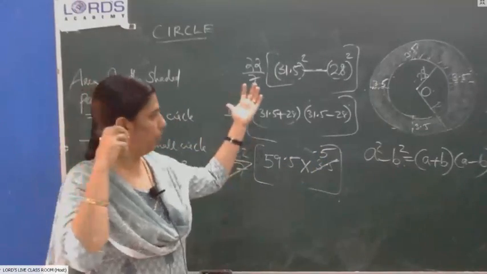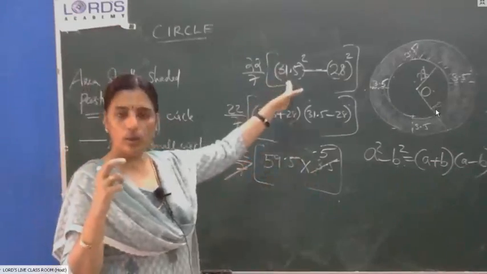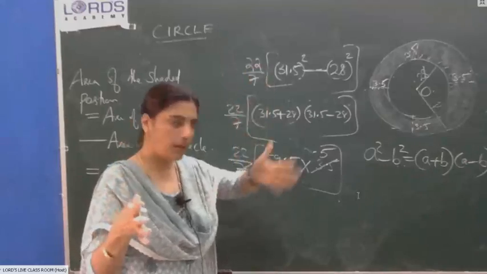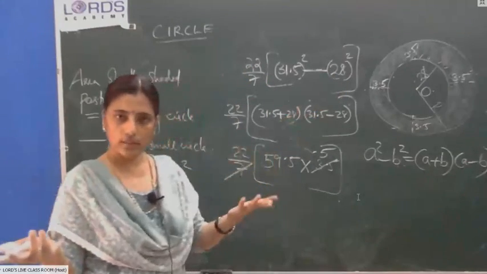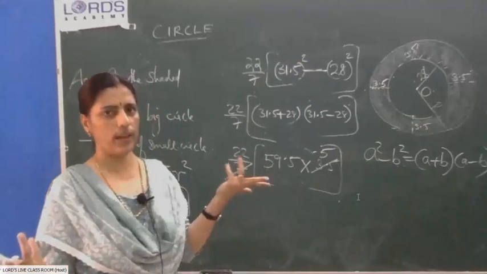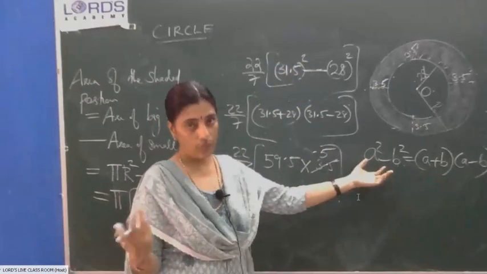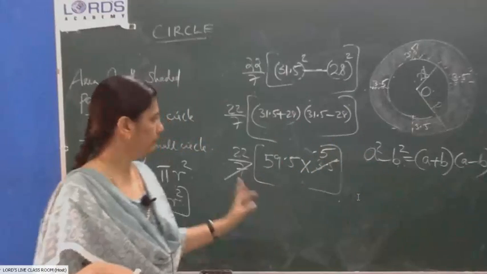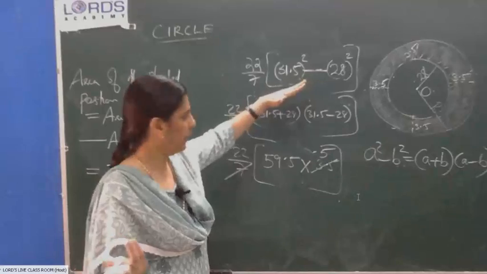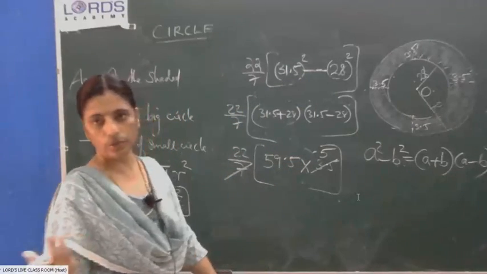Otherwise, if you couldn't understand this, you can do our old method. What's the old method? 31.5 into 31.5, you will get a big number. 28 into 28, you will get 784, no? Then subtract. That's also okay. If you studied, why can't we apply? Either the old method; from here onwards, you can select which method you need. Those who could understand can do this method.